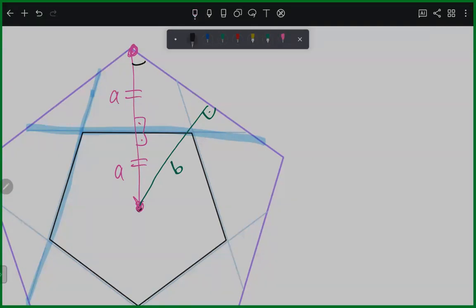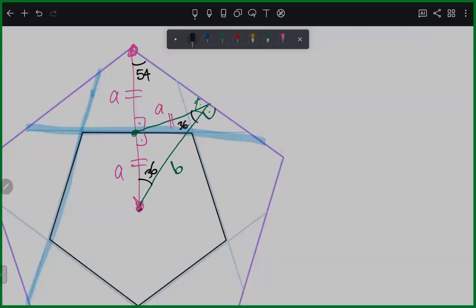Now observe that the whole angle of a pentagon is 108, so this half is 54 degrees, and this is 36 degrees. Moreover, when I draw the median of a right triangle, this median also equals half of the hypotenuse. So this is A, and this is 36 degrees.